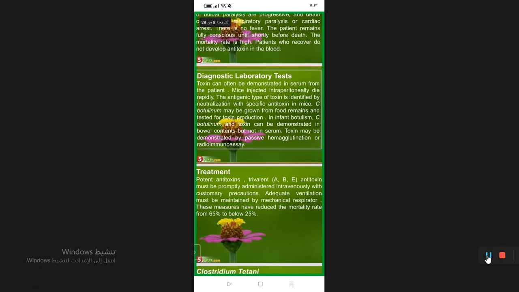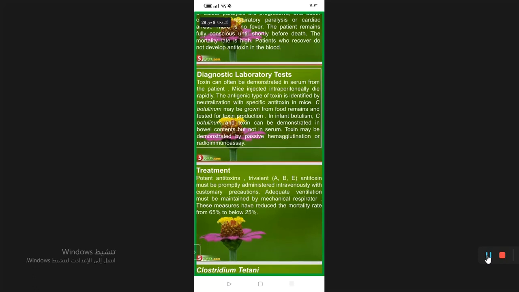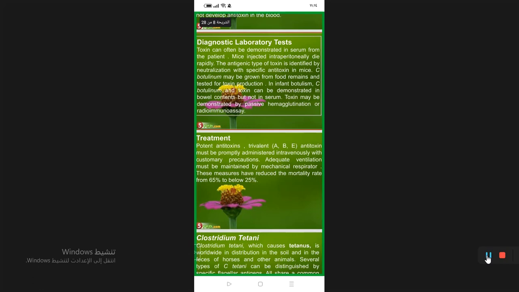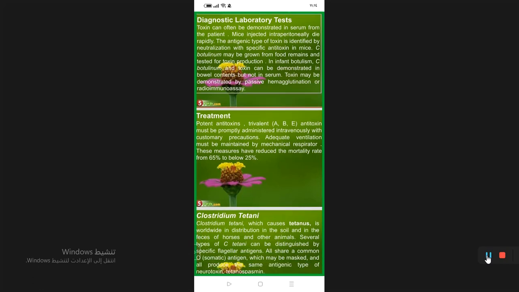Clostridium botulinum toxin can also be demonstrated in bowel content, but not in serum. Toxin may be demonstrated by passive hemagglutination or radioimmune assay. For treatment, potent antitoxin, trivalent A, B, E antitoxin, must be promptly administered intravenously with constant supportive measures. Adequate ventilation must be maintained by mechanical respirator.